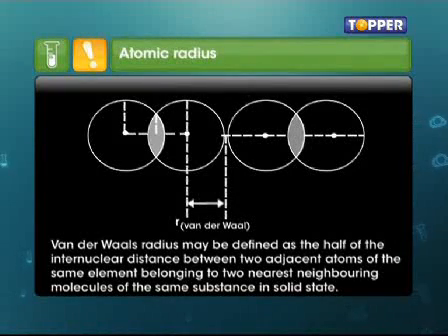In case of atoms which are not bonded, van der Waals radii is taken, that is, the distance between nuclei of two atoms barely touching each other.